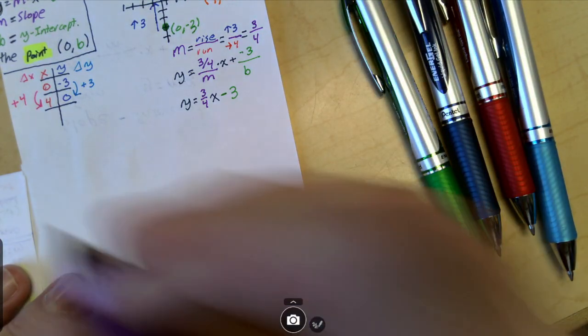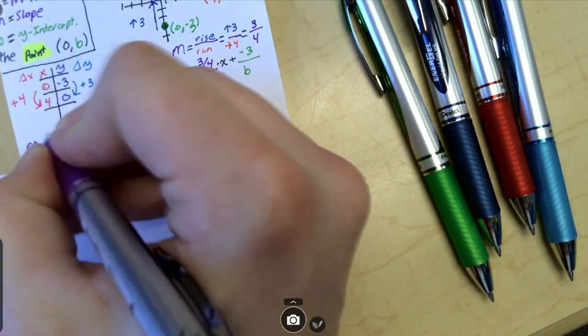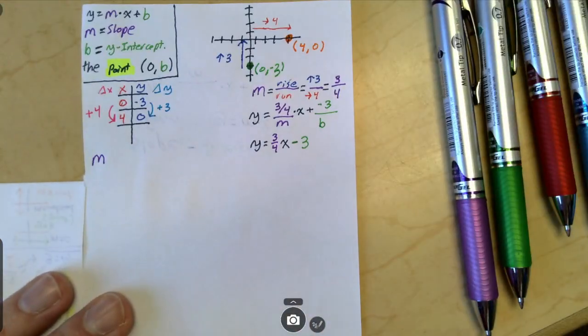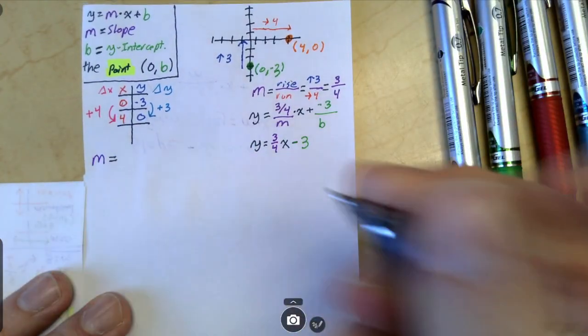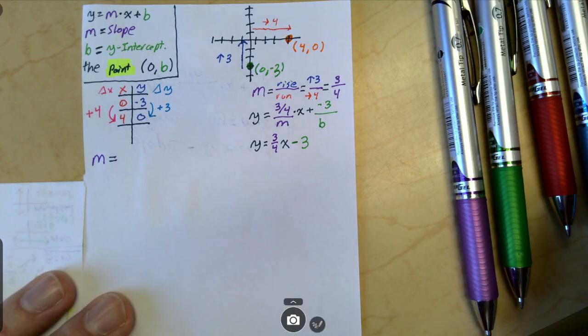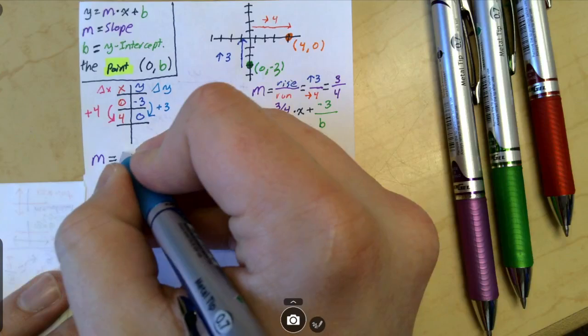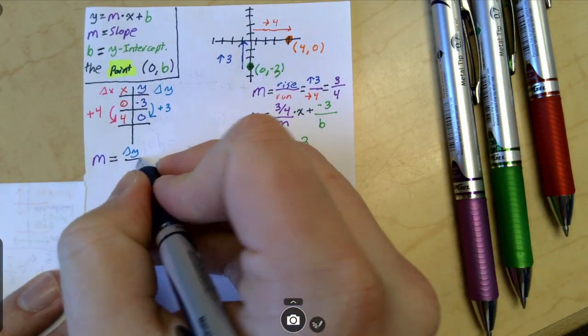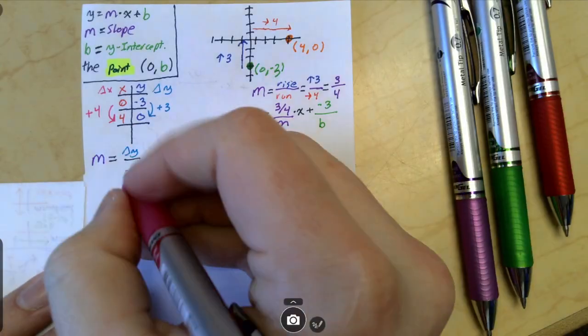What we should remember, slope equals the change in y divided by the change in x.